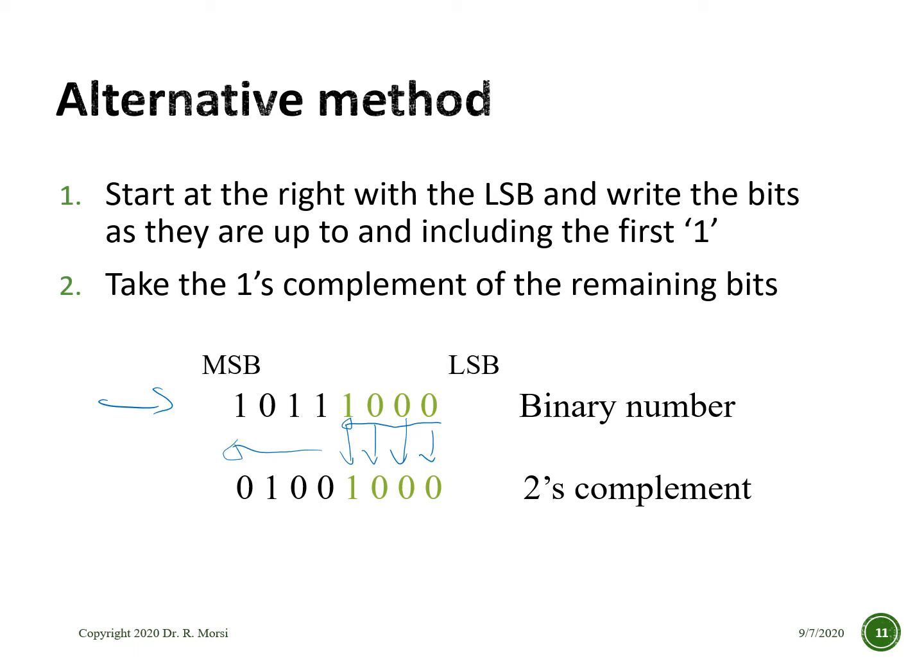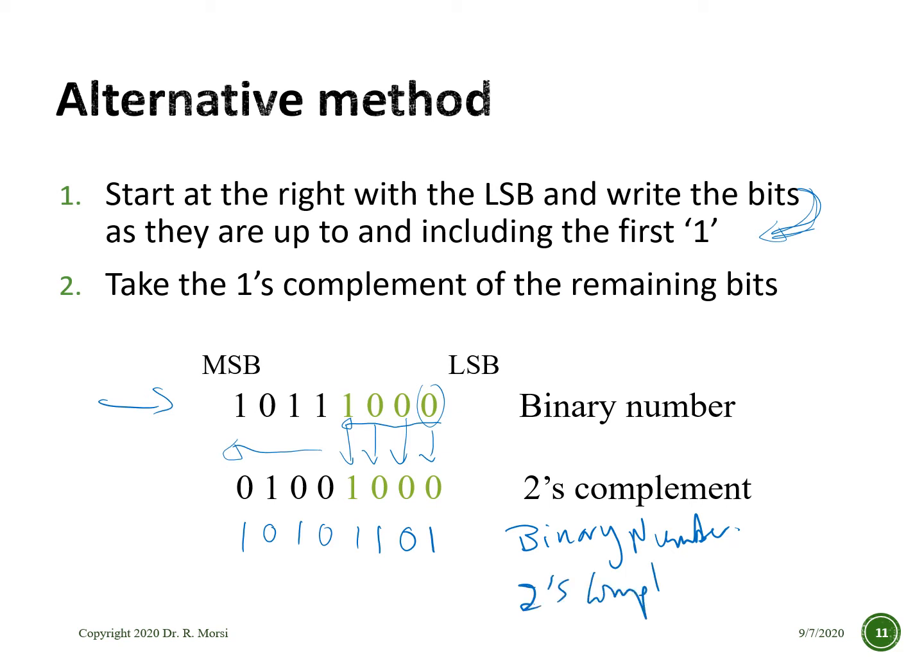Now this number, I could have had a 1 on the first digit. That doesn't change anything. The rule remains. Drop everything up to and including the first 1, and then flip everything afterwards. So let's say this was my example, this was my binary number, and I wanted to do the 2's complement in this alternative method.